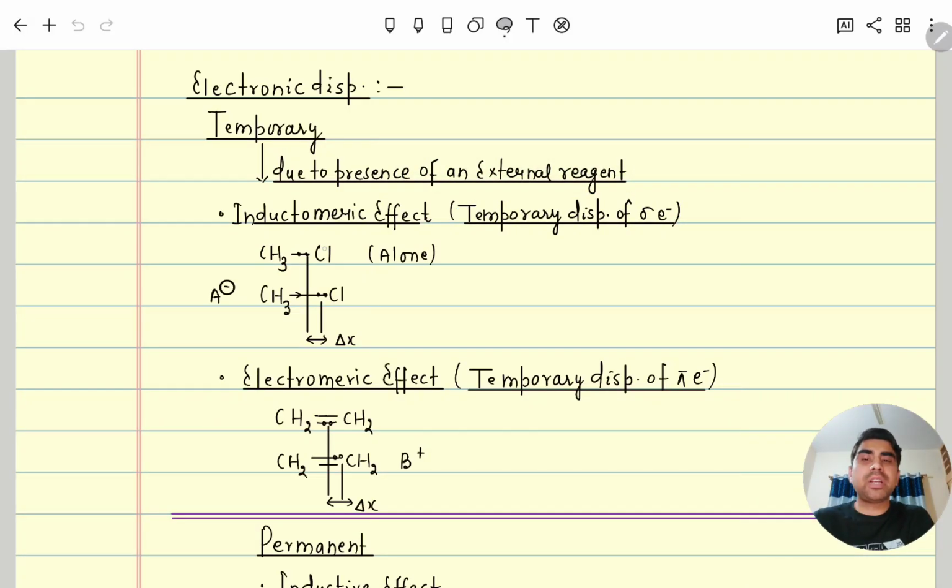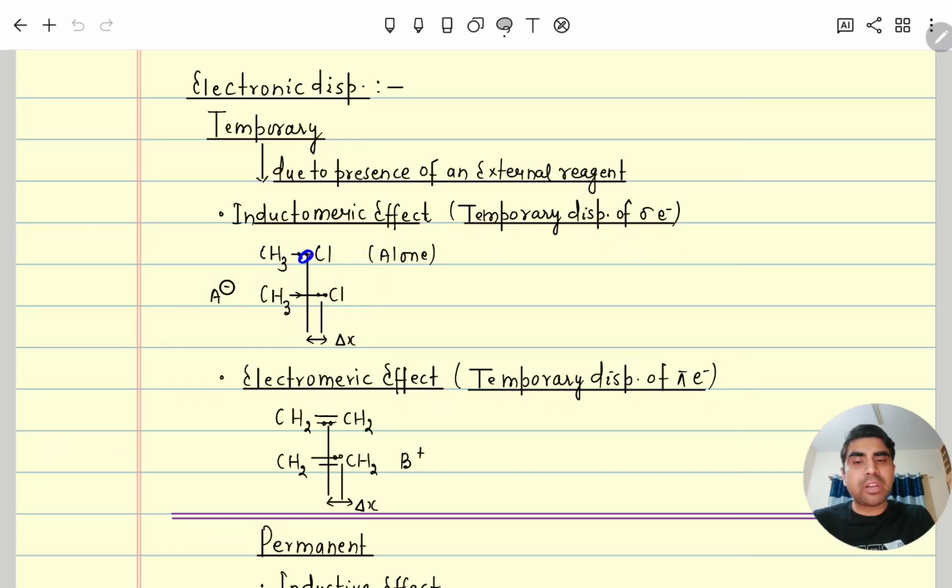Let's suppose this is R-CH3-Cl without any external reagent. But if any external entity comes, let's suppose A minus, it has electron density. Due to that, this bond pair electron density will have repulsion, so the electron will displace to this side.